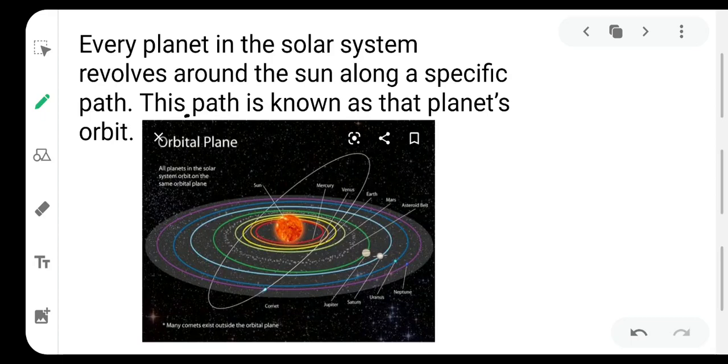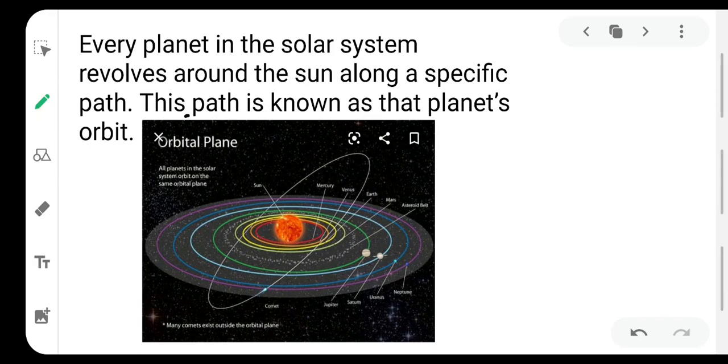Every planet in the solar system revolves around the sun along a specific path. This path is known as the planet's orbit. You can see the image and study the image. There you see the orbital plane.